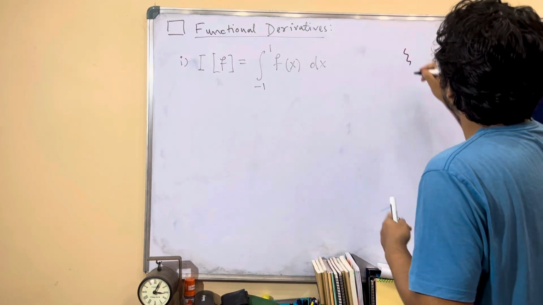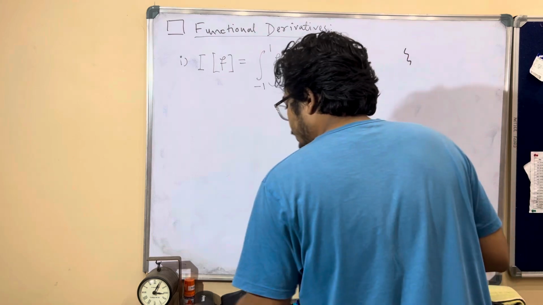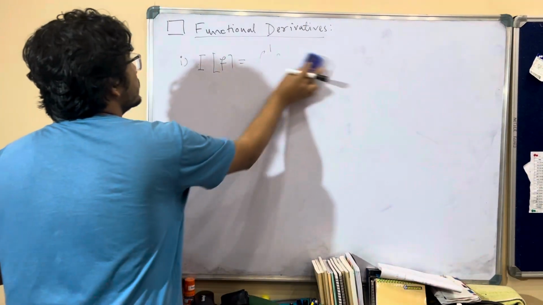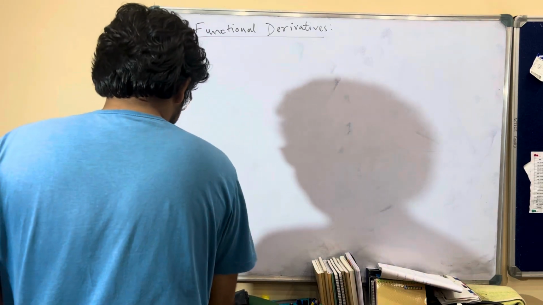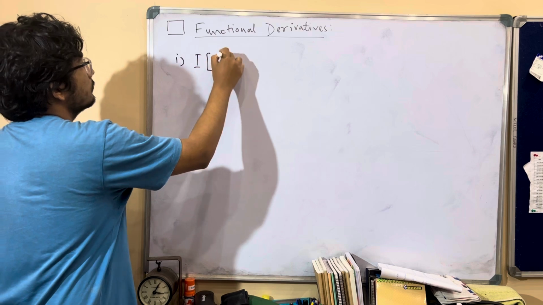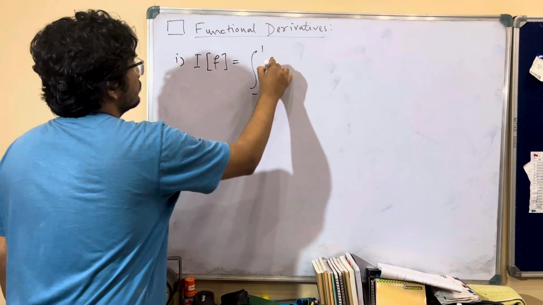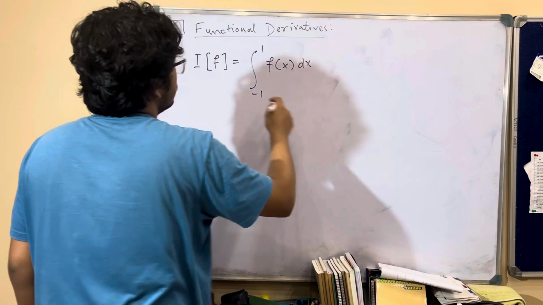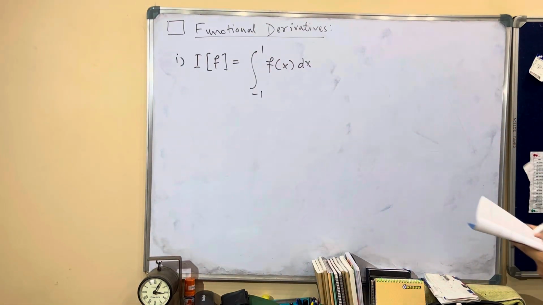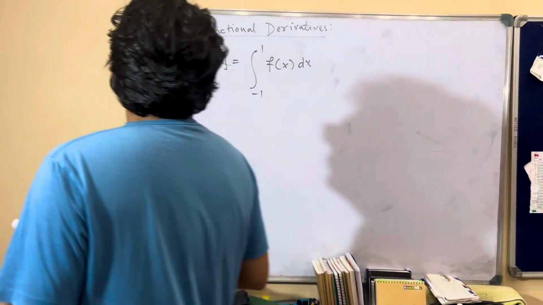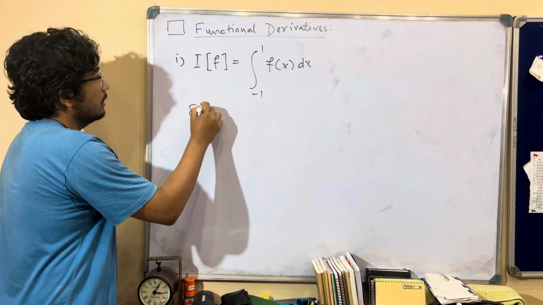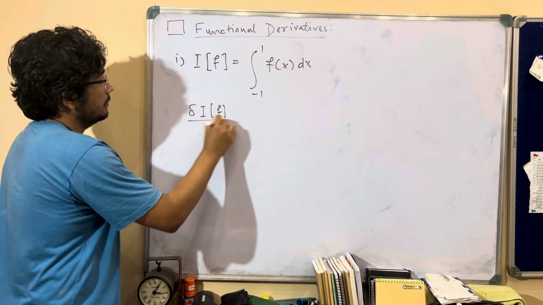It's a little faded, so I'm going to write it once again. So this is a functional capital I of small f, and we want to find the functional derivative of this functional, and this will be like this.